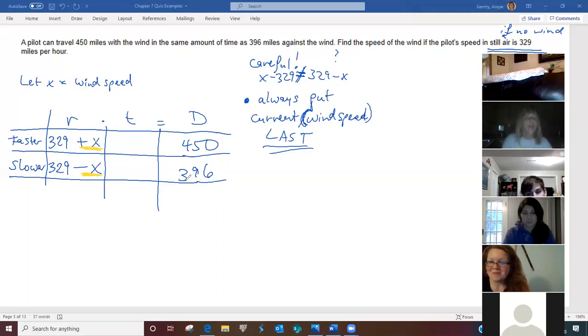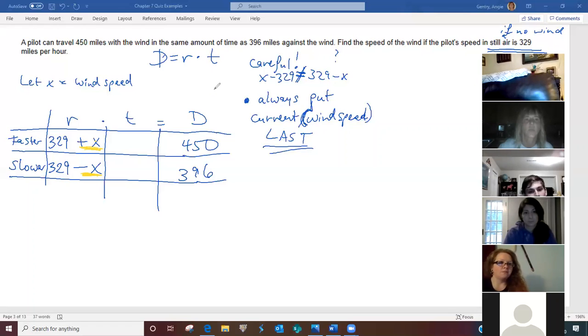Okay, time. I don't know, but what I do know, you see how you're given all this stuff? It looks a little different than earlier, but distance is rate times time. If you were given the distance and the rate, could you tell me the time? Time is distance divided by rate. You see, because you would divide by r and divide by r. Does that help?